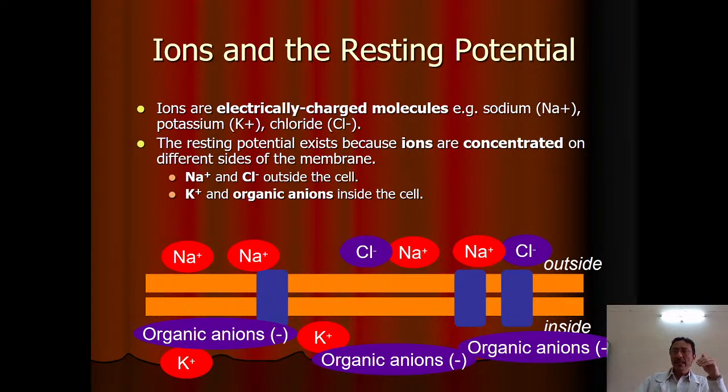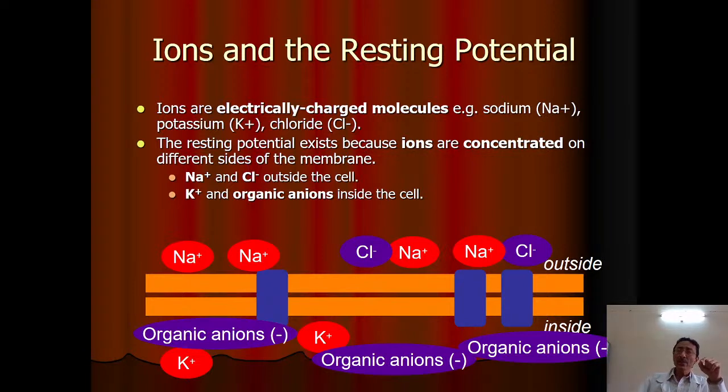Now, ideally, this diffusion should happen from outside to inside till the concentration of sodium ions on both sides becomes equal. But remember here that the sodium ions moving from outside to inside are not simple sodium atoms, but positively charged ions.